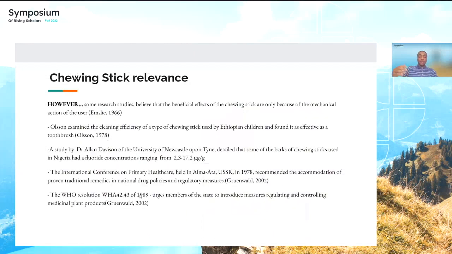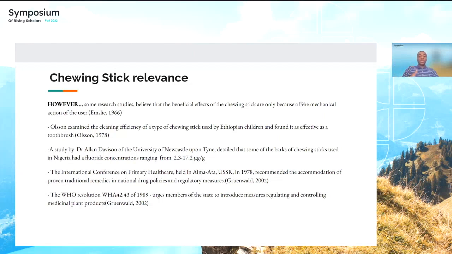Essentially, there have been a lot of studies that have shown some level of doubt towards the relevance of chewing sticks, because many researchers believe that what gives a chewing stick its effectiveness is just the mechanical action of chewing the stick, which removes the plaque, which to an extent is true.